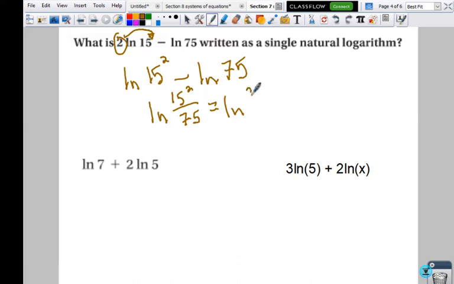Natural log of 225 divided by 75, which I think is natural log of 3. What's 225 divided by 75? 3. So I put these in a single natural log, and then I just simplified it down to get natural log of 3.